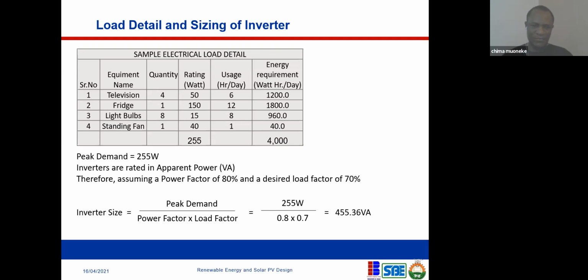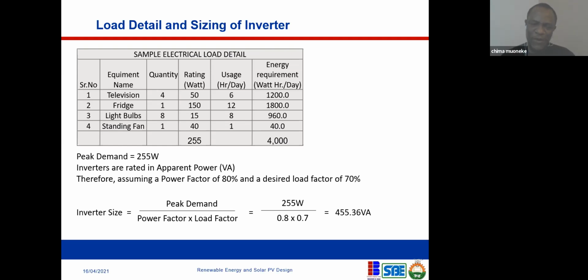Now, the peak demand that we need to power is 255 watts. But of course, we know that inverters are rated in kVA or VA. kVA is the same thing as VA, but in kVA you're dividing by 1,000, okay? So when you're rating inverters, you will often hear kVA, or VA if they are smaller size.